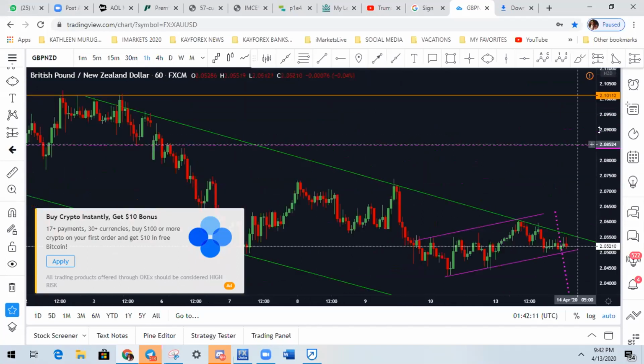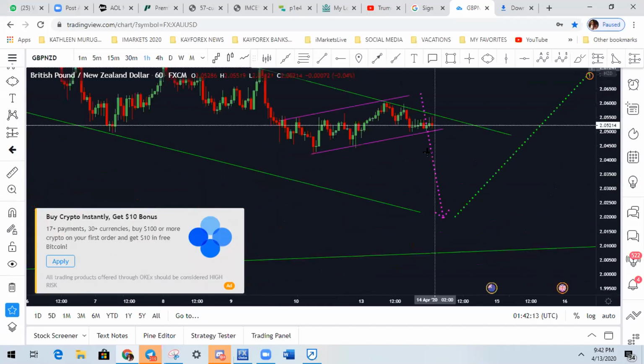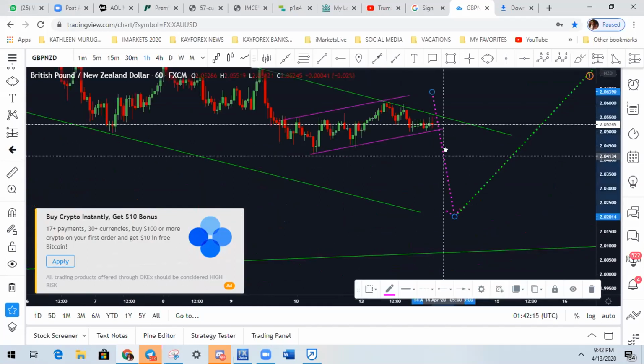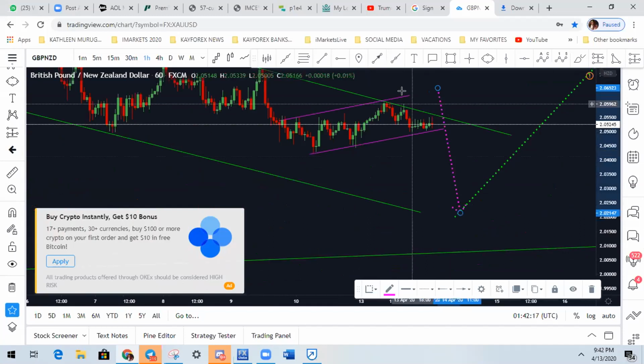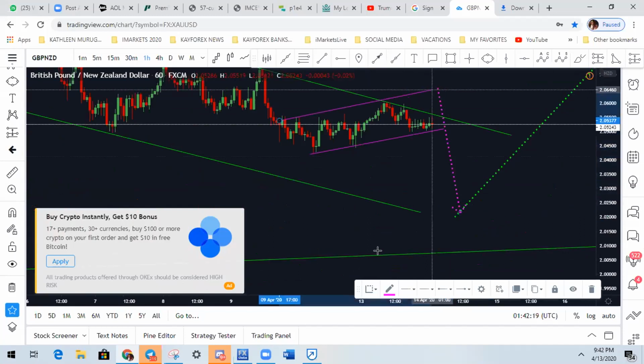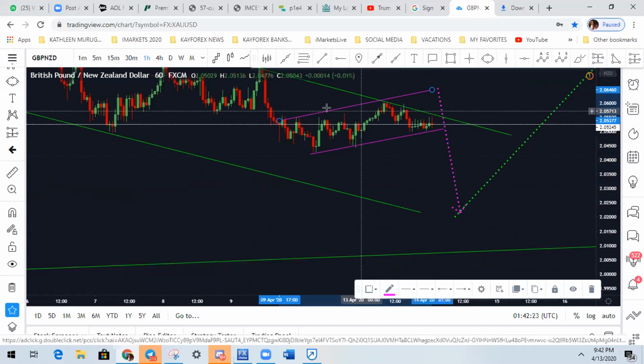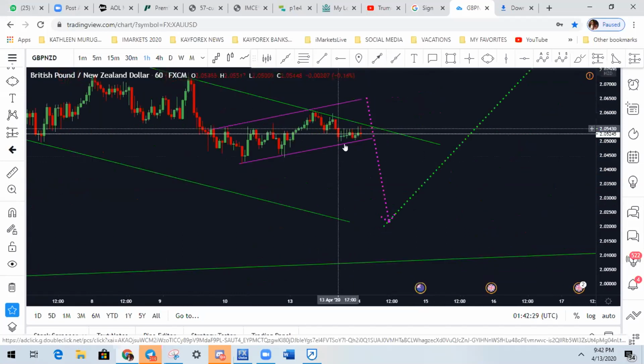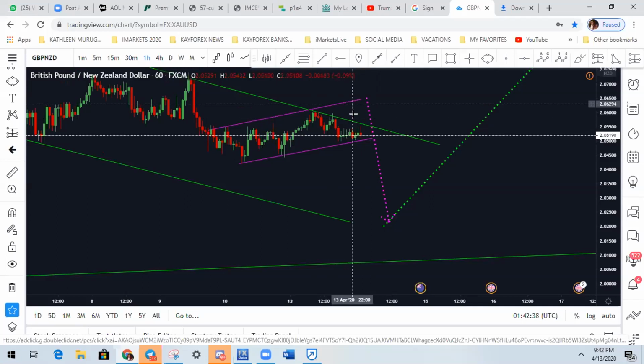And let's see what's going on here. On the 1-hour, it's in this zone. From what's going on right now, it's not aggressive.